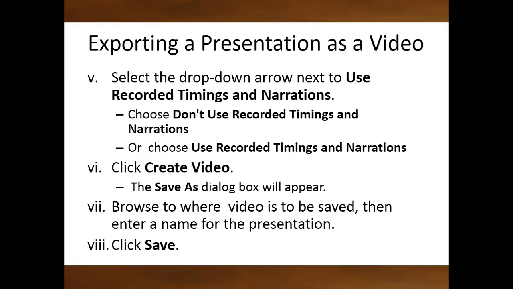You choose Don't Use Recorded Timings and Narrations if you don't want the timings and narrations you recorded for each slide. But if you want to include the recorded timings and narrations, then you choose the second option.